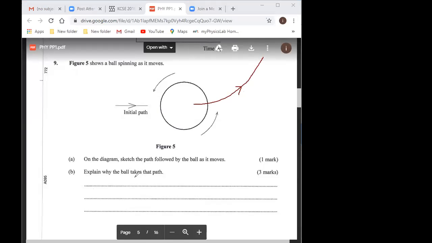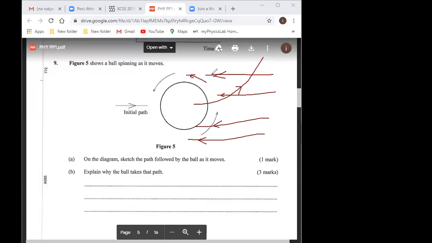Then explain why the ball takes that path. As this ball is moving, remember that the air is blowing in the opposite direction. So at the top, the ball is spinning in the same direction the air is moving.